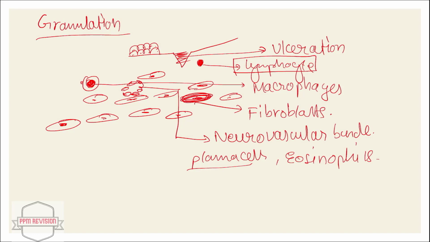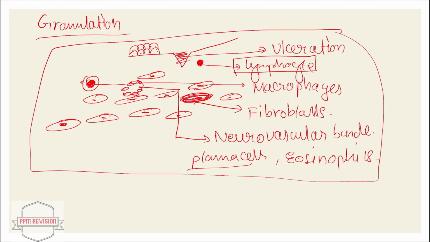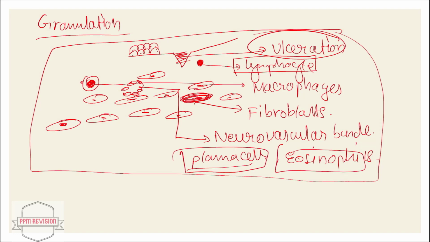So assuming we already know how a granulation tissue looks, talking only about microscopy, we have a place of ulceration that is found. We have many more cells such as the plasma cells, eosinophils, lymphocytes, macrophages as well, and a series of fibroblasts.